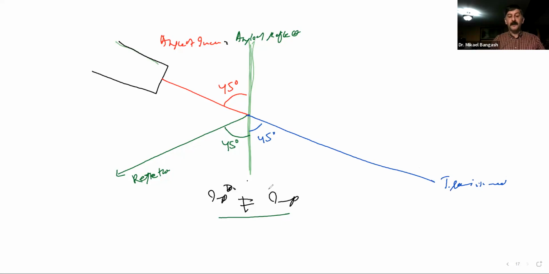Even though we have different impedances, the difference in impedances just causes us to get a reflection. Clear? Because had we had similar impedances on both sides, then we would not have a reflection. Are you guys clear about that?